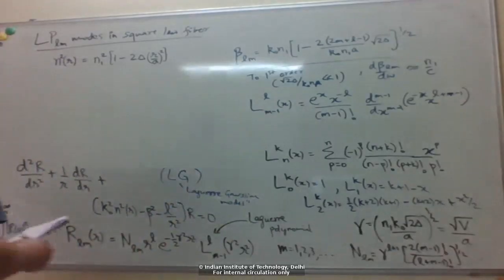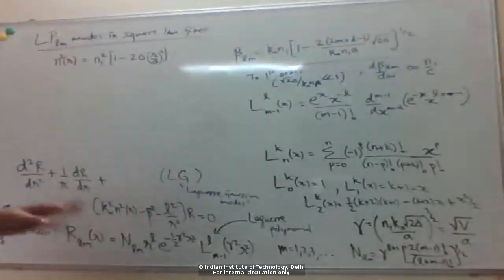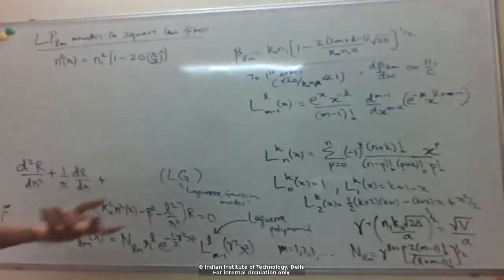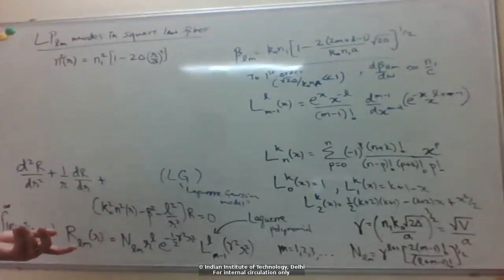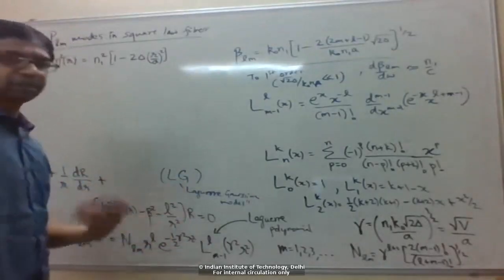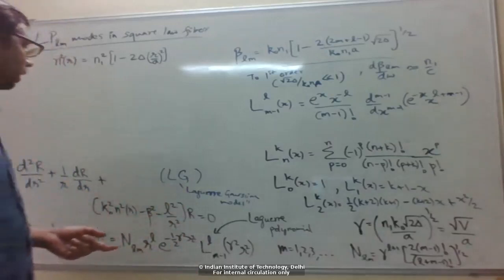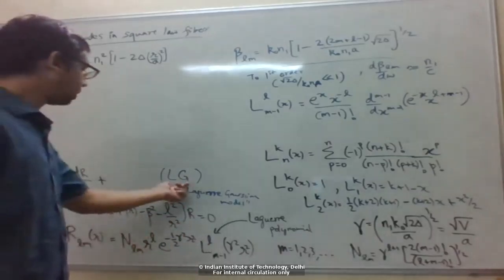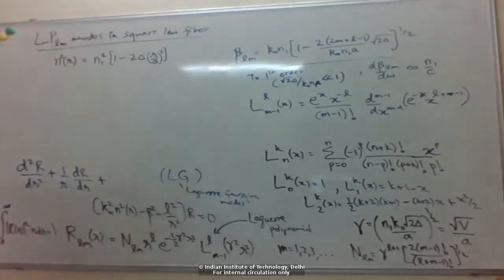Especially nowadays, in free space, there's a lot of interest in beams carrying orbital angular momentum, and those are solutions which have this exact form in free space, known as Gaussian beams.